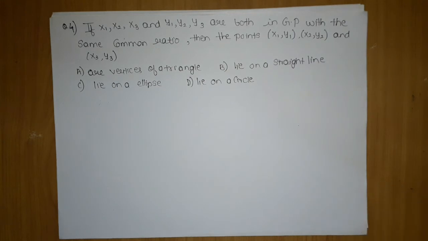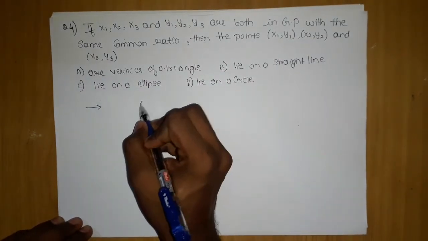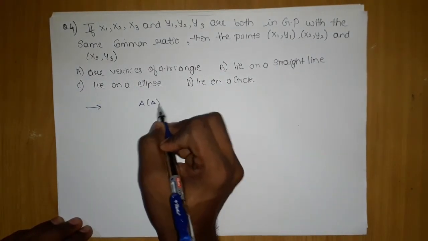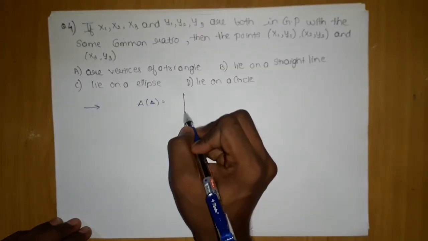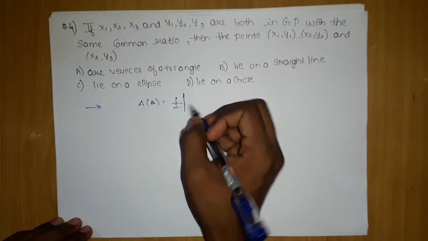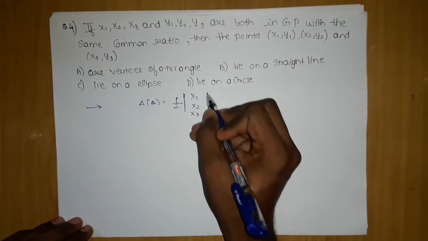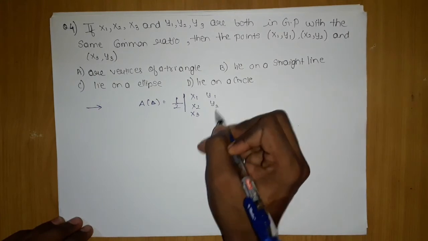So this answer could be checked in many ways, but the best way to check it is the area of a triangle. Although I have not taught straight lines till now, just remember that the area of a triangle is given by this formula, with all the x terms and all the y terms.